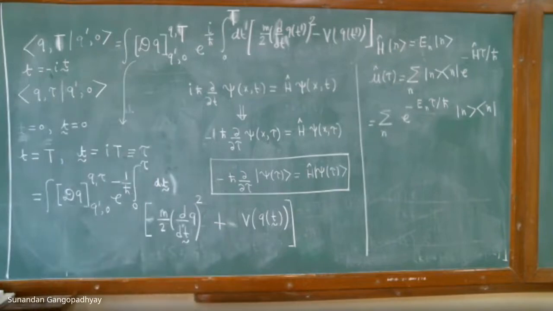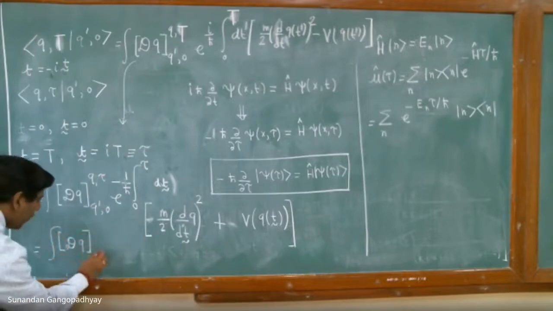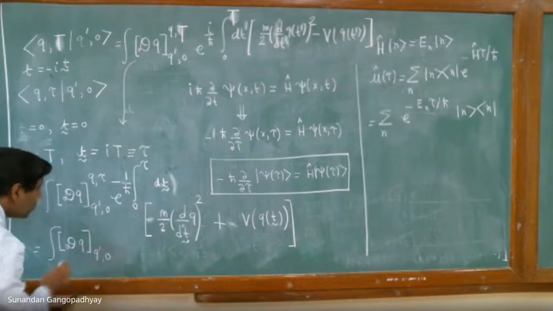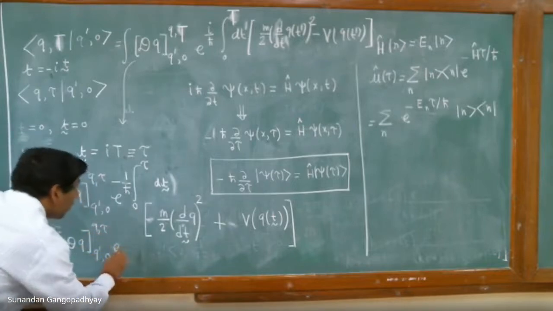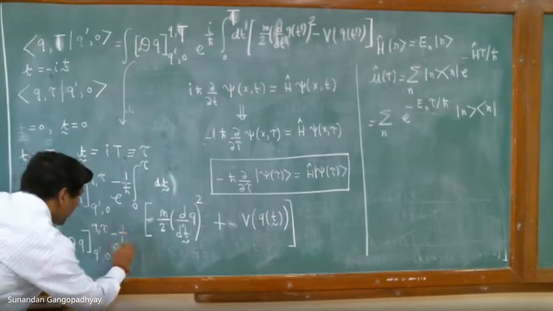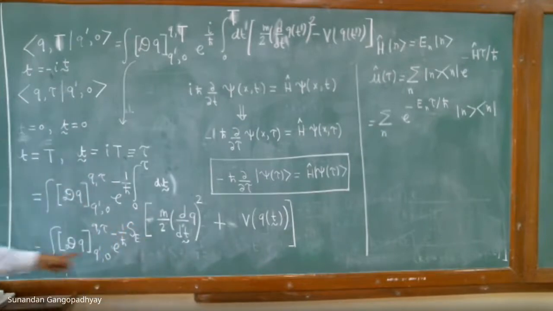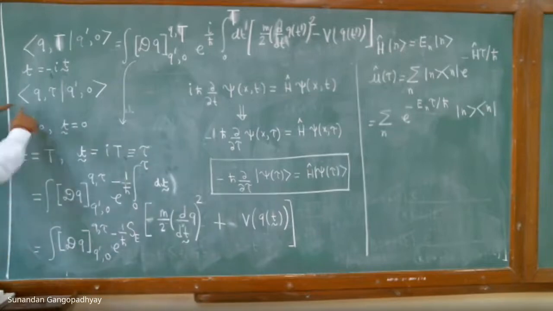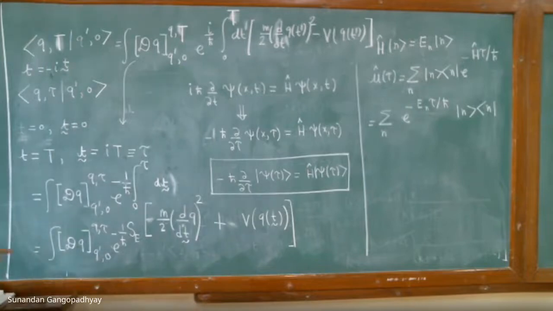And therefore, you see that this is nothing but the path integral Dq from q prime at 0 to q at tau, e to the power of minus 1 by h bar S_E. And this object, the propagator q tau, q prime 0, is basically equal to this path integral.